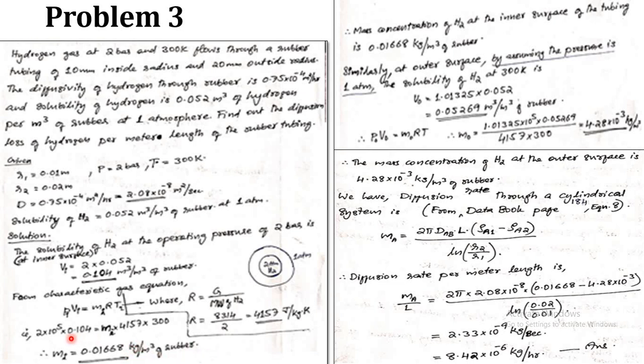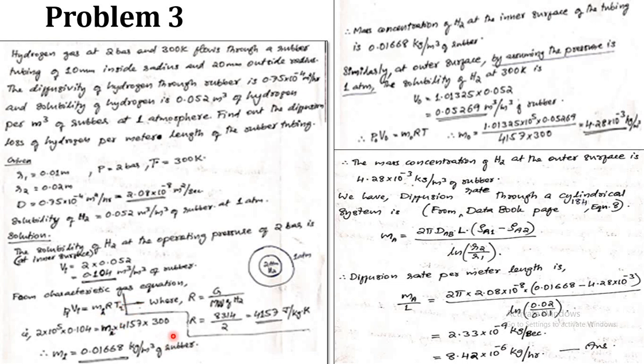If we check the dimensional homogeneity of both sides: P1 is in Newton per meter square, V1 is meter cube of rubber, R is in Newton meter per kilogram Kelvin, and T is in Kelvin.